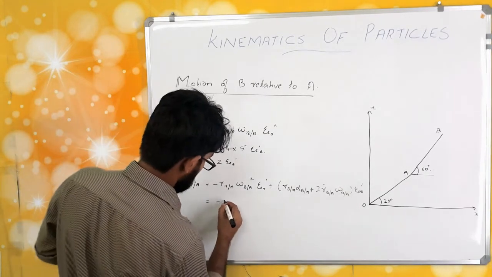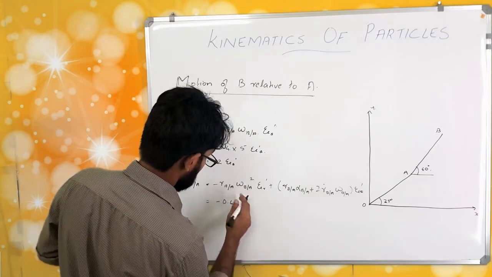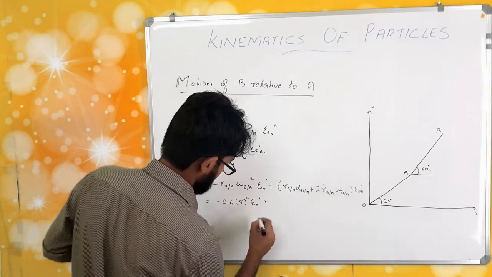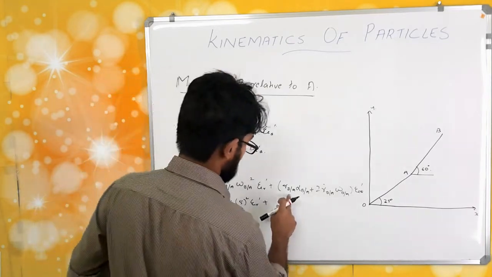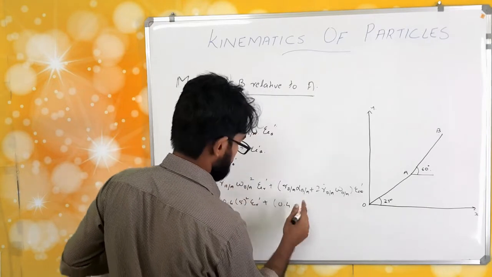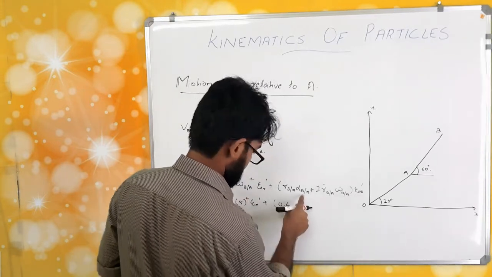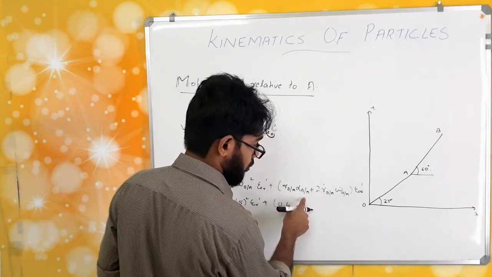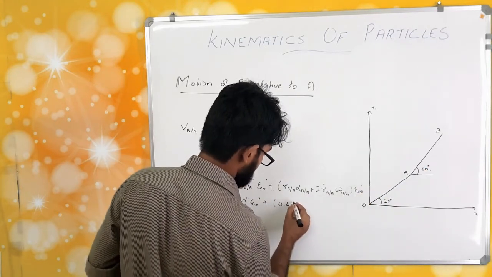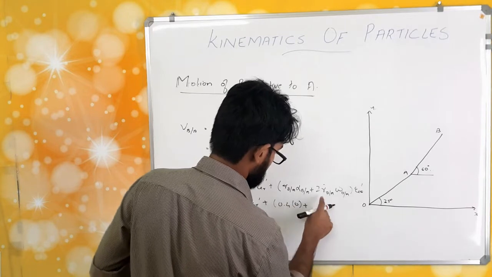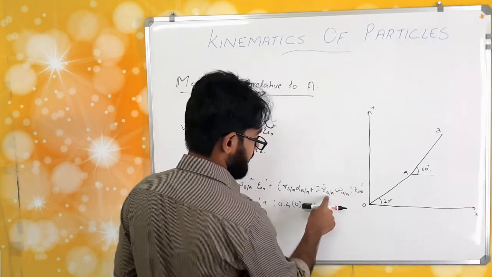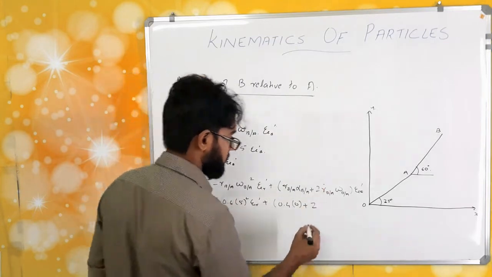Substituting, we will get minus 0.4 into omega B with respect to A, which is 5 square, epsilon R dash, plus R B with respect to A, 0.4, alpha B with respect to A, whose value is 0 since it is moving with constant velocity. So this is 0, plus 2 into R dot B with respect to A, which is also 0.